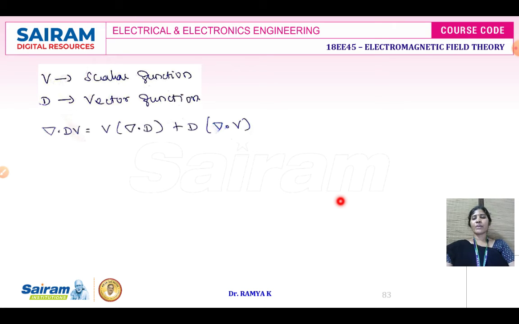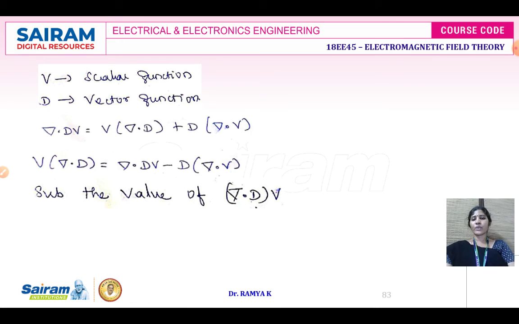Therefore, we have to apply a gradient rule. Divergence dot VD is equal to V divergence D plus D gradient V. Applying this, we will get the equation.